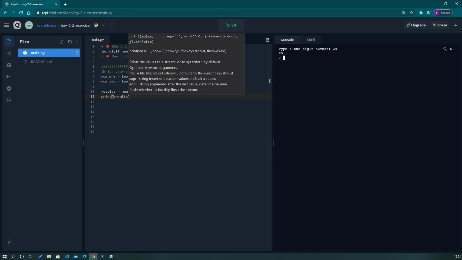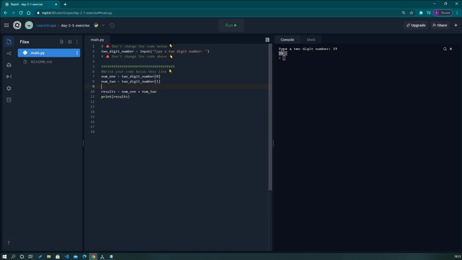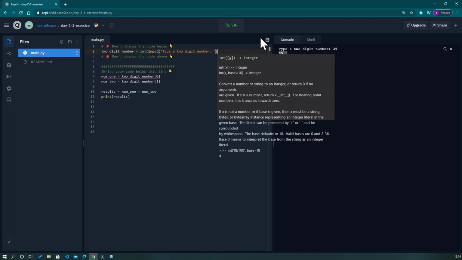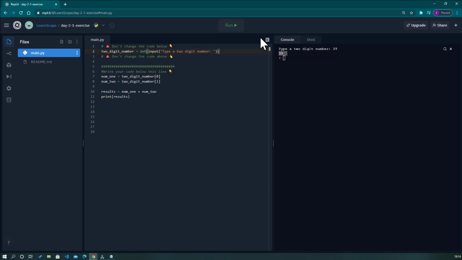Okay, 3, 9. It just prints it out as it is. Okay, I need to turn this into a number. Not str, int. That should do. Integer. Yeah. Okay.